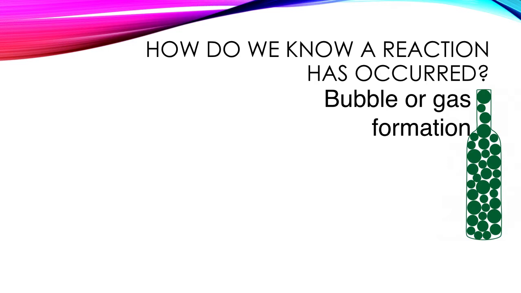I want you to be careful with these, because boiling is a phase change, and that's a physical change. It's not a chemical reaction. There's no reaction happening there. But we do have reactions that make gases. So just because you see bubbles forming doesn't mean that a reaction is happening, but it can be an indication that a reaction has occurred.